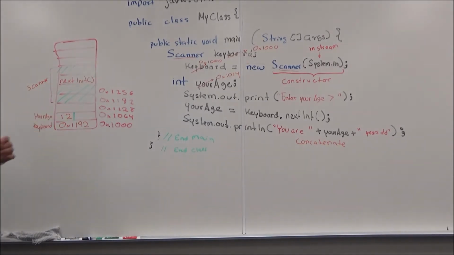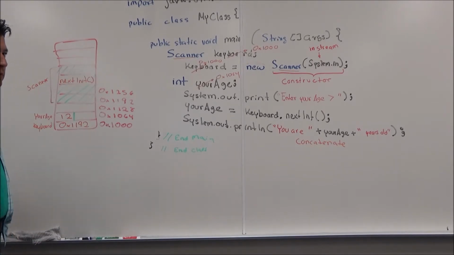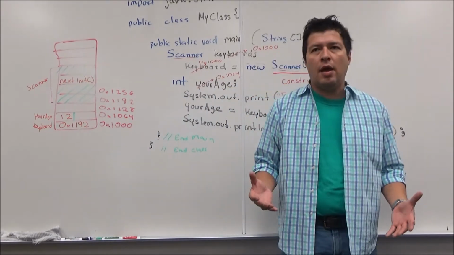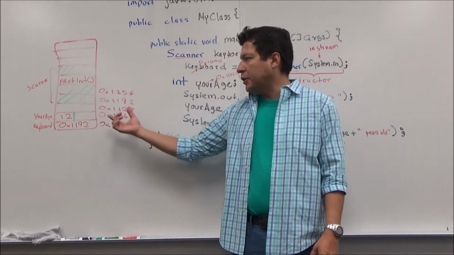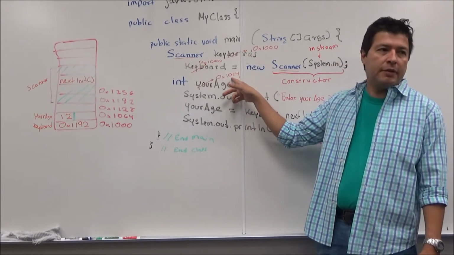So, try this in Eclipse. Yes. So you get the character from the memory, and then it stores it in your age and the address. Like, is that how it works? Yeah. So the RAM is just storage space, and your age is a variable I declare type int, and this is the address, right?